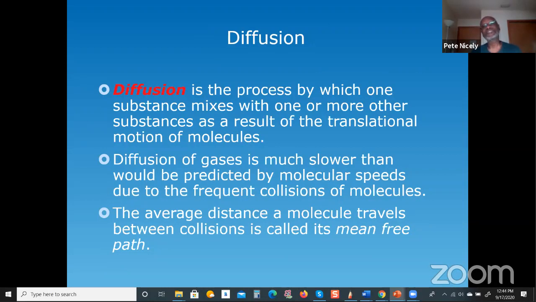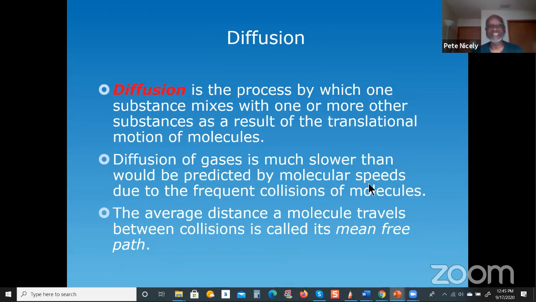Now, scientists or chemists were thinking that since we know the relationship between the root mean squared speed of molecules and other factors such as temperature and molar mass, maybe that could serve as a model for what happens in diffusion. However, that's not to be because, as stated here in the second point, diffusion of gases is much slower than would be predicted by the molecular speeds based on the equation I showed you.